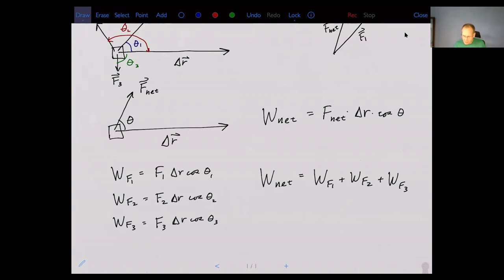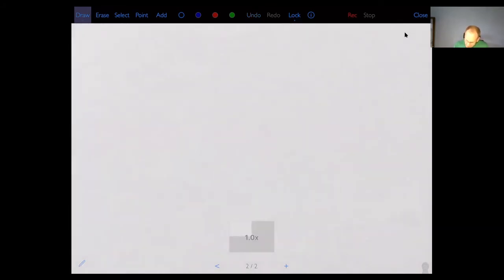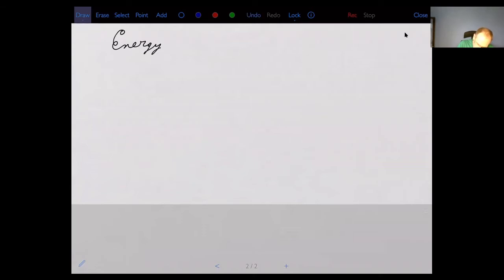Okay, a couple of definitions I want to remind you guys of, and you probably have seen all this in lecture by now, but let me just remind you. There's some energy definitions that we're going to need. So the first one is the kinetic energy.